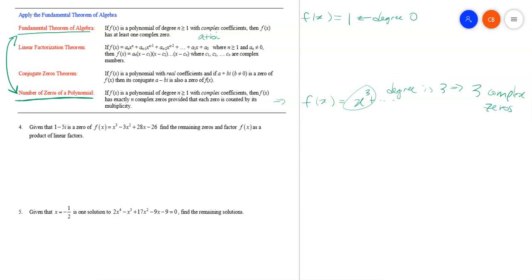But then we have something that comes right away from the fundamental theorem of algebra. It could be called a corollary, because it's so related to that one. It's the fact that we can factor every polynomial in the world into linear factors like this, where each factor corresponds to a 0.